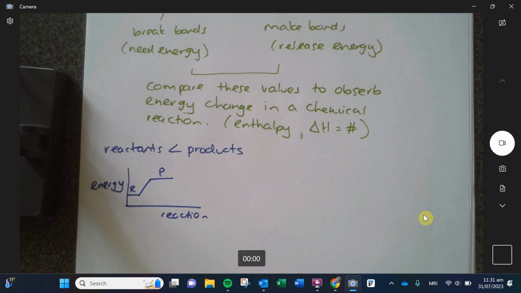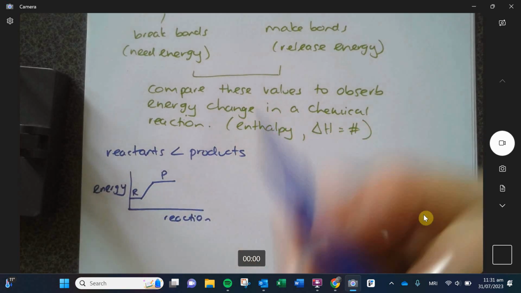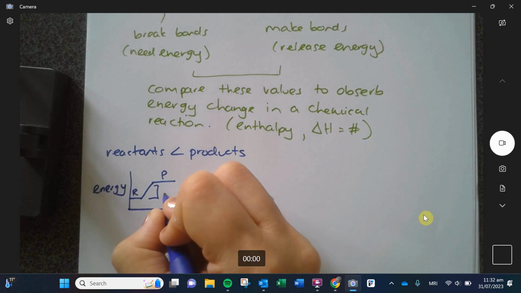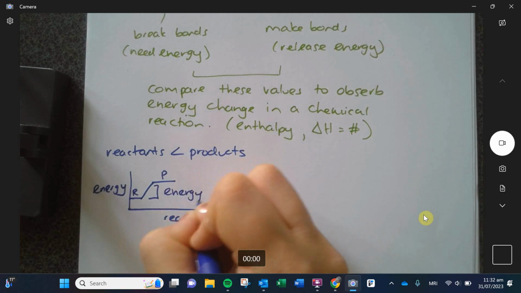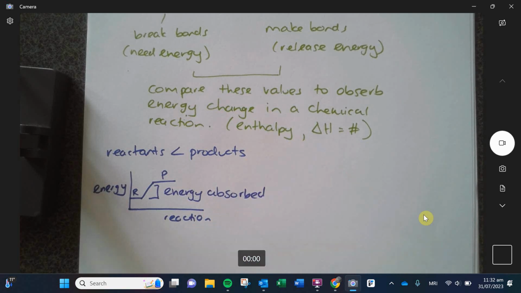We see here how my products have more energy than my reactants. So this tells me this is the amount of energy that was absorbed. Energy was absorbed from the system, and now it's being moved into my products.